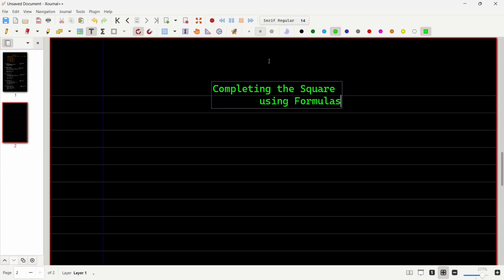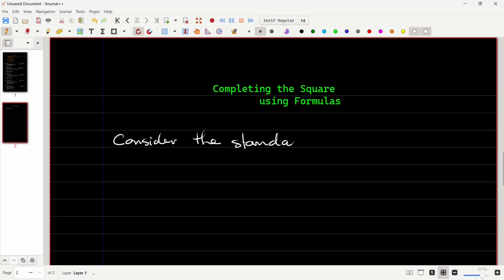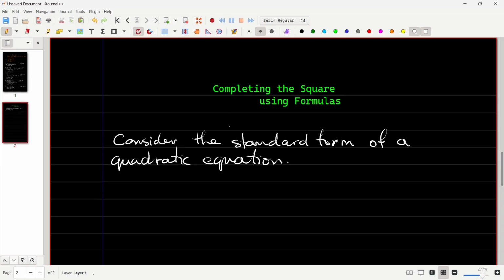Let's first start off by considering the standard form of a quadratic equation. All right, consider the standard form of a quadratic equation, and we're going to be looking at something like ax squared plus bx plus c.